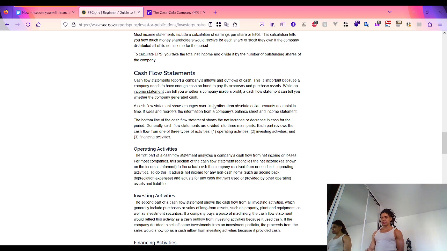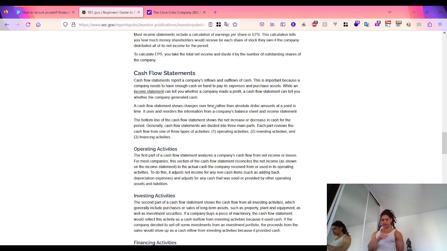But the recap of cash flow is that cash flow statements show the company's inflow and outflow of cash. This is important because the company needs to have enough cash on hand to pay its expenses and purchase assets.